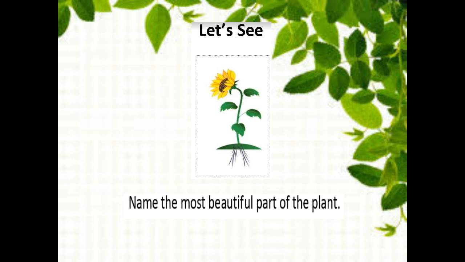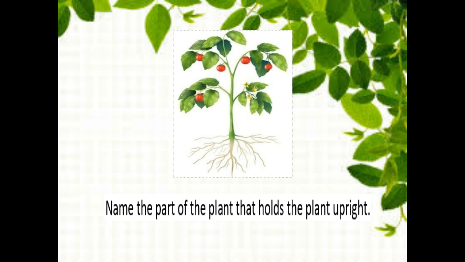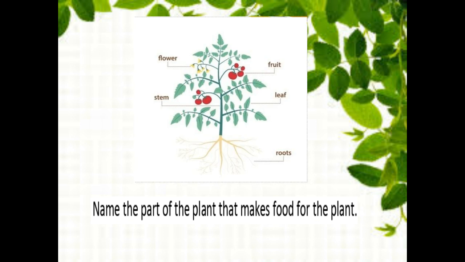Okay, just now look at this picture and say which is the most beautiful part of this plant. Yes, it is flower. Very good. And now look at this picture and say what holds the plant to stand straight. Yes, it is root. Very good. And now look at this picture.